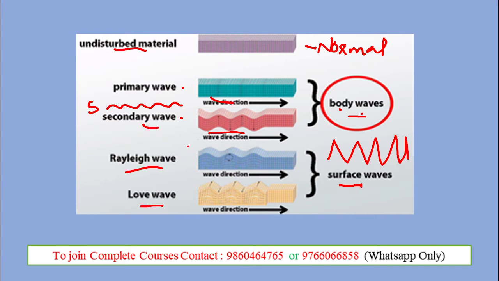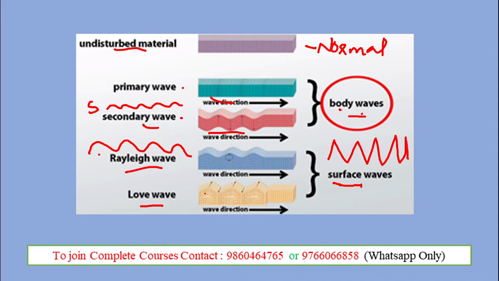Clear. So the Rayleigh wave is like an oceanic wave, or a circular movement. That is one of the waves in surface waves. Then the Love wave.